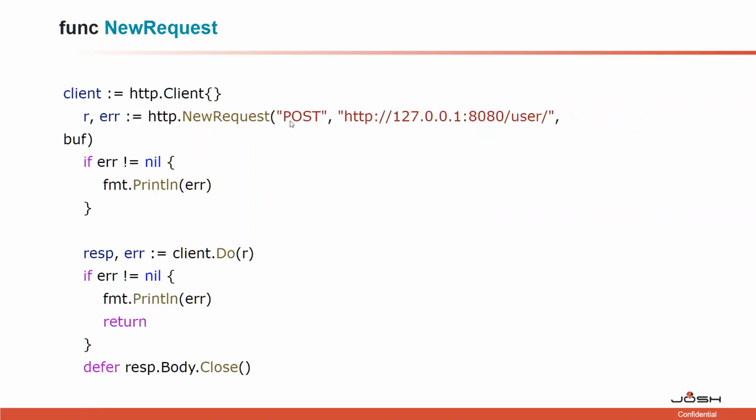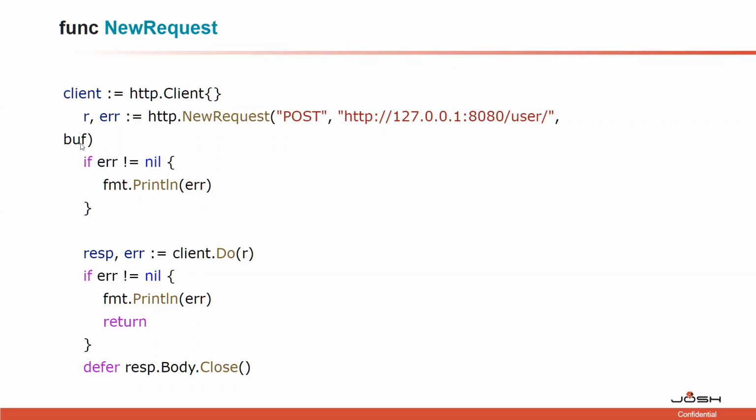An example of this: we have created an http.Client. Since we have the client, we know we can call client.Do and send a request. What do we need for that? A request. How do we create a request? Using http.NewRequest. The first parameter is POST, the second parameter is the URL, and the third is the request body.